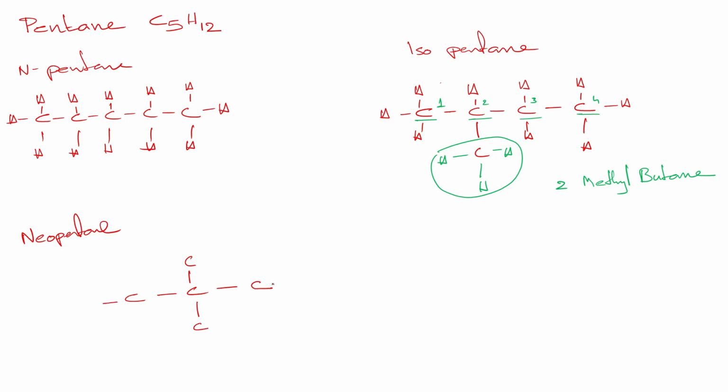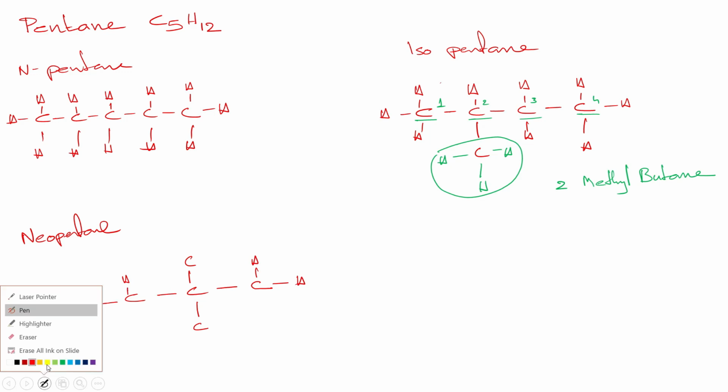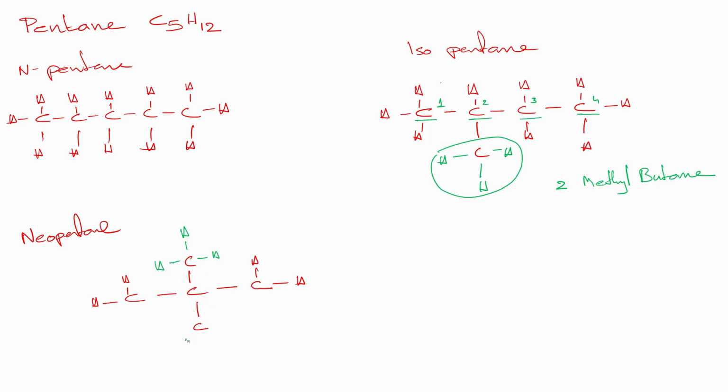Now we provide hydrogens here and here, and then for their branches, here, here, here, and here. We missed 2 hydrogens at these points. So this is the structure of neopentane.